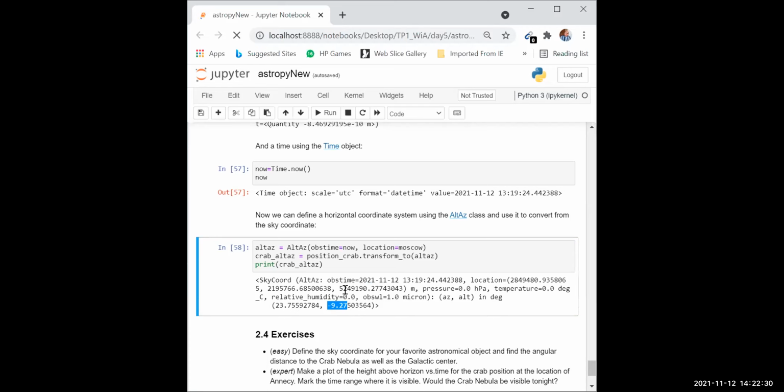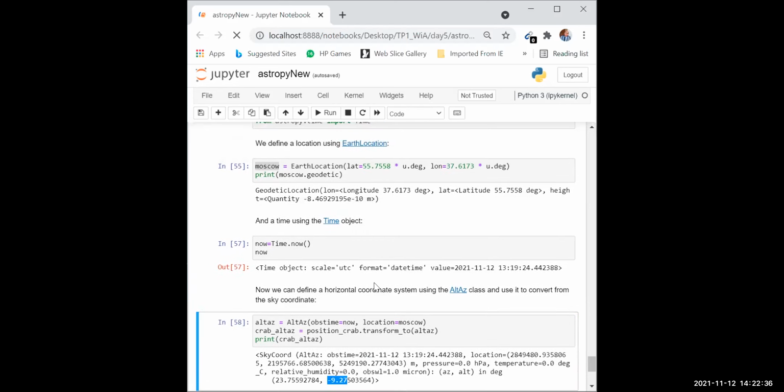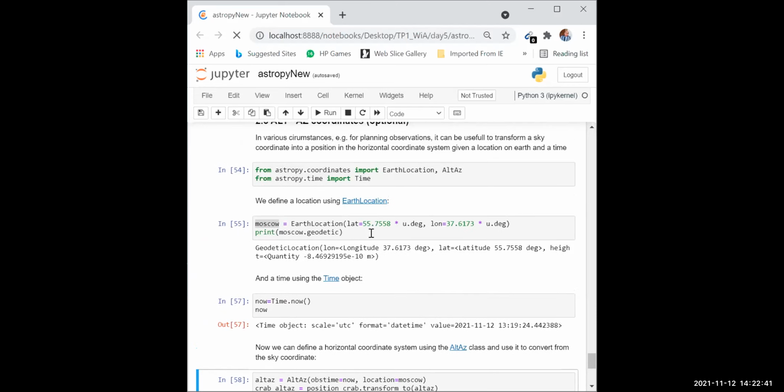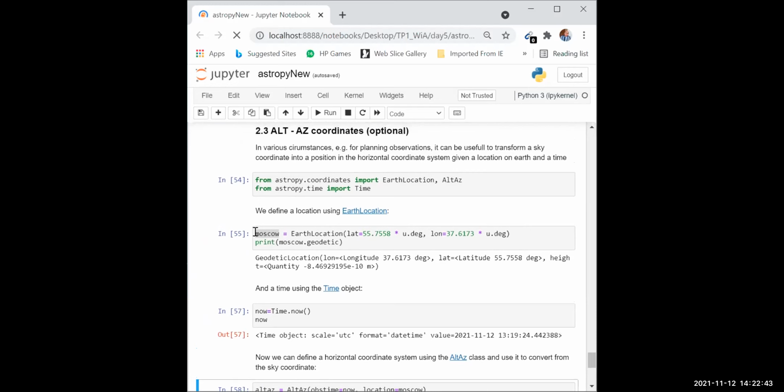So if it was above the horizon and if you change the time to some other, or I can change my location. I can change my location to, say, 78 degrees. I will not change the variable name from Moscow, but Hyderabad is at 78 and 17.5, roughly. And I'll continue to call it Moscow, let's not write Hyderabad and so on.